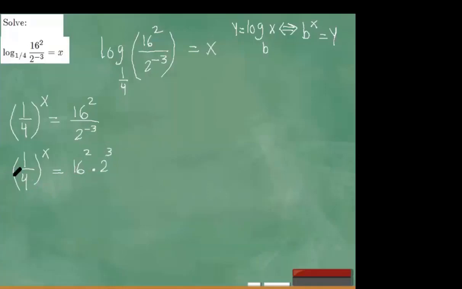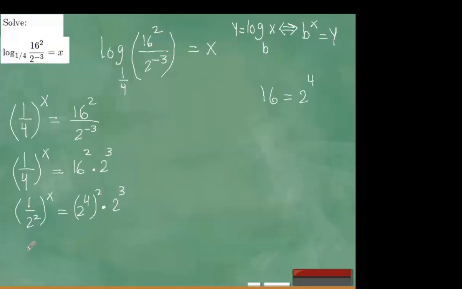Now the goal is to make all the bases the same. I can write this as 1 over 2 squared to the power of x. Now 16 is 2 to the power of 4. So I'm going to replace 16 with 2 to the power of 4 and raise it to the power of 2, times 2 to the power of 3.